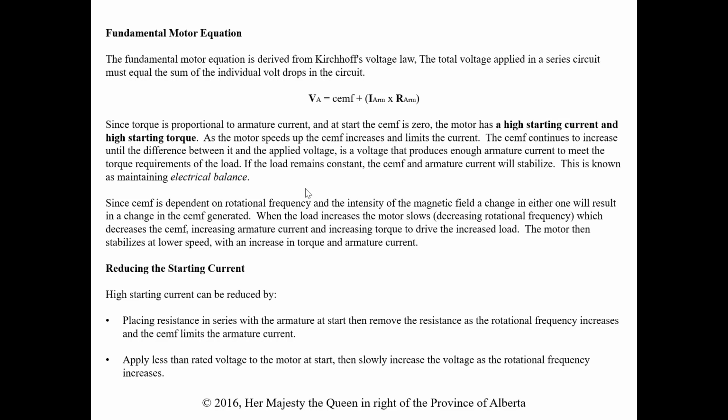Think about that: when I put load on a motor, it slows it down. So now the armature is not spinning as fast, so it's not cutting as many lines of force, so it's not generating as much CEMF. If it does that, we increase the armature current, which increases the torque to drive the increased load. So then the motor stabilizes at the lower speed with an increase of torque and armature current.